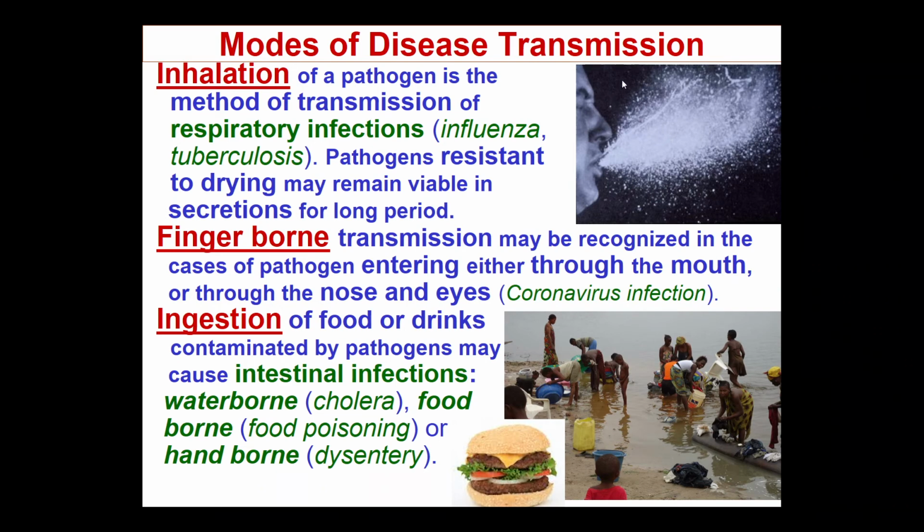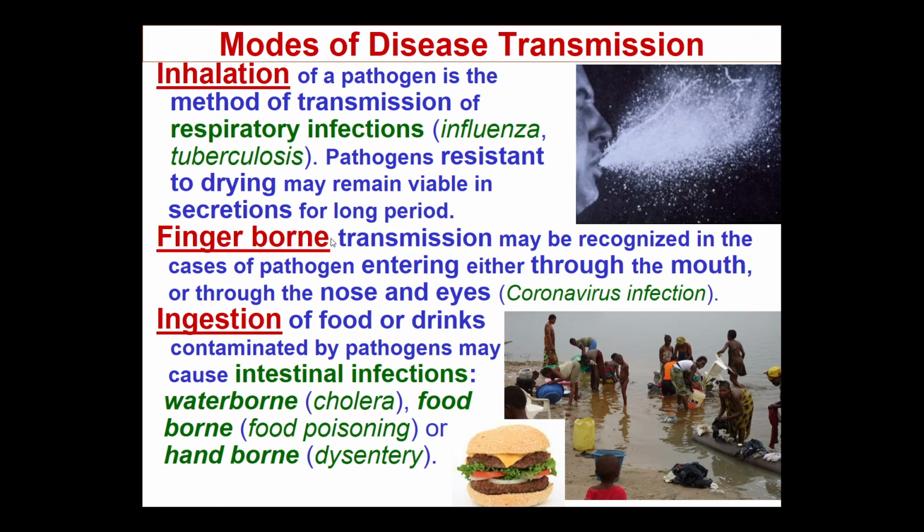But remember this slide, please, and pay attention to mask wearing when we talk about prevention of such a disease as coronavirus infection. Pathogens resistant to drying may remain viable in secretions for a long period of time. Secretions desiccate and become part of the dust that also may be infected, and also may be inhaled, and this dust may serve as a transmitter of the disease.